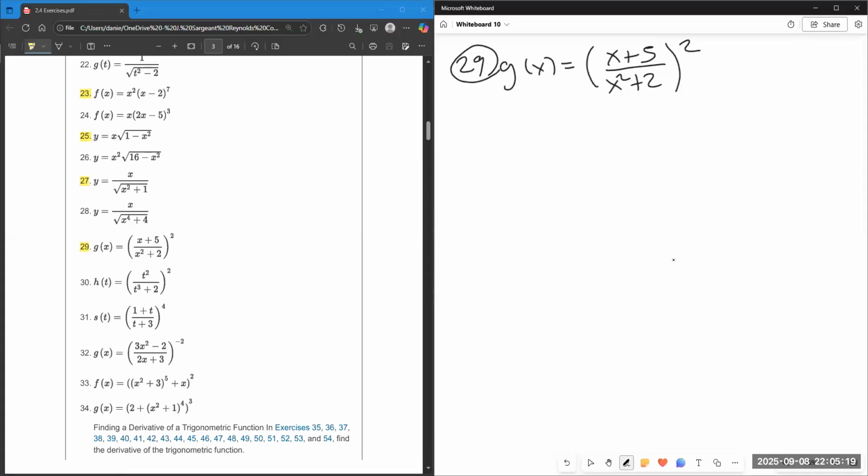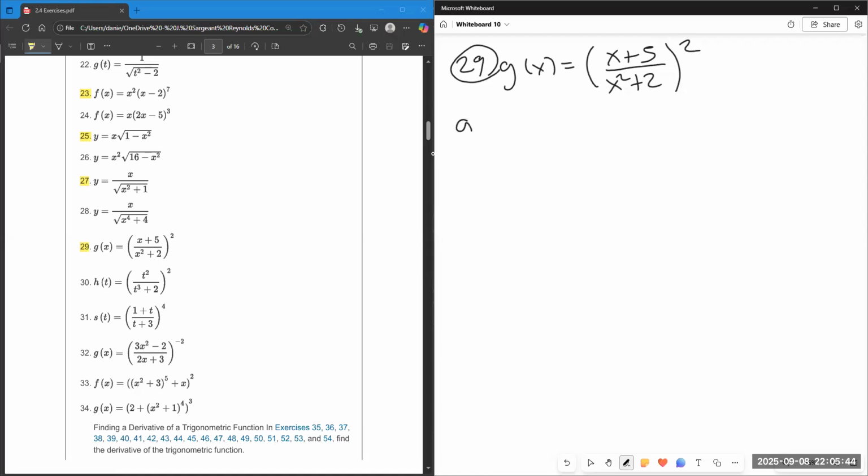So I have a couple different ways that I can look at this. I can just square everything and then have composition of functions for u, composition of functions for v in my quotient rule, or I can use my power rule first, since it's the outermost function, and then do my quotient rule. That's what I'm going to do.